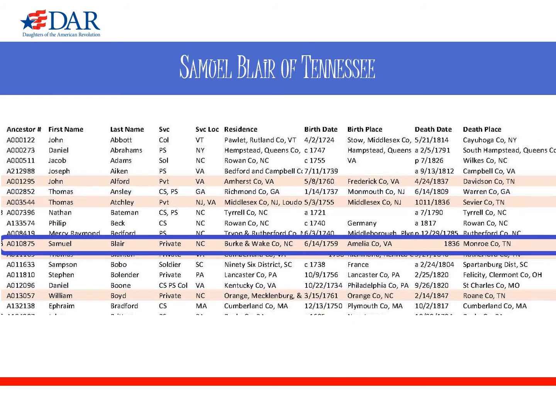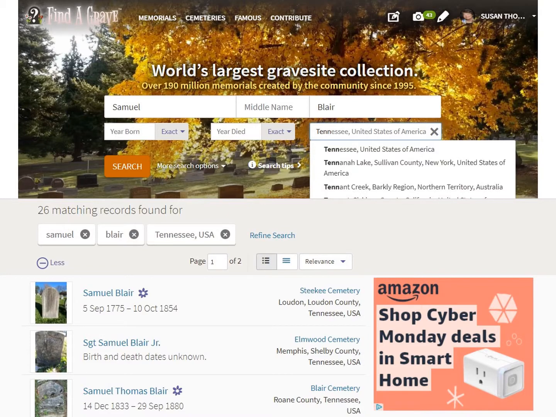Armed with reliable information, we can now look on Find a Grave to see if our Patriot has already been memorialized there. We're looking for a specific Revolutionary War patriot, Samuel Blair, who died in Tennessee. Let's enter his information here.